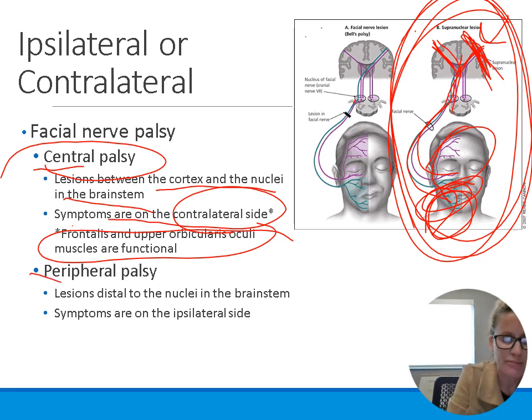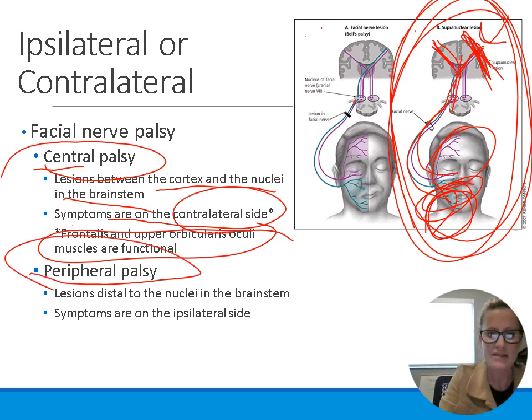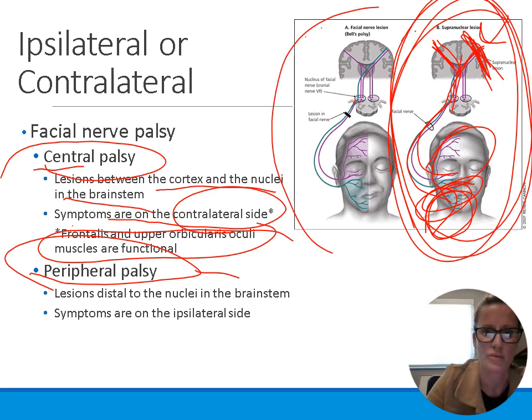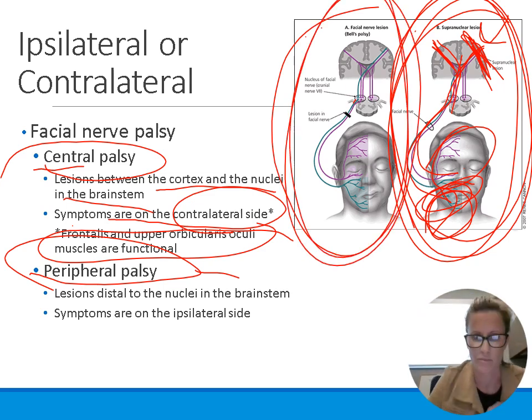Or if it's a peripheral palsy, this means it's the actual facial nerve that's the problem, right? The actual facial nerve is the issue. So like Bell's palsy, for example, in Bell's palsy, the problem is actual facial nerve inflammation. So in that case, it's what we see here, this left side of the picture. Here you can see this lesion here. The lesion is of the facial nerve.